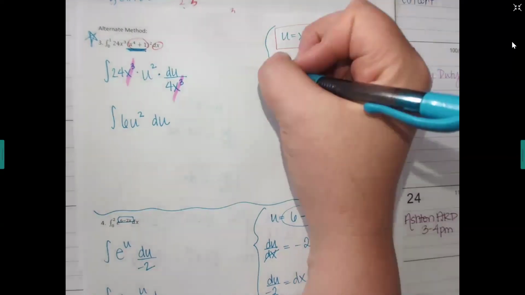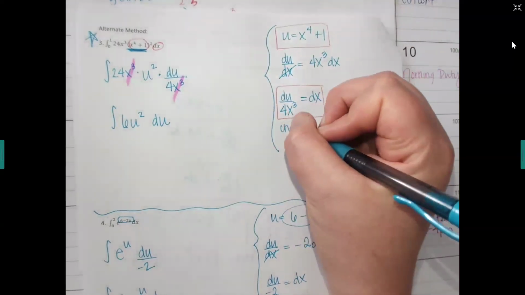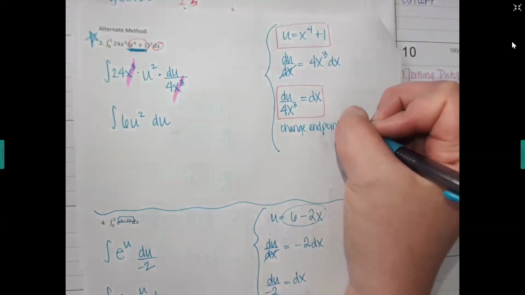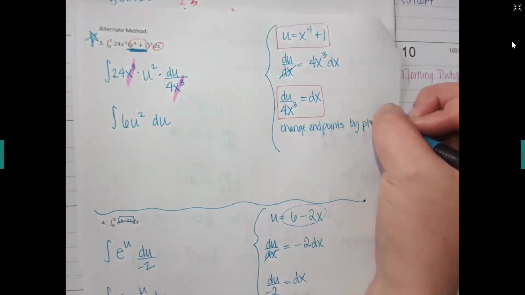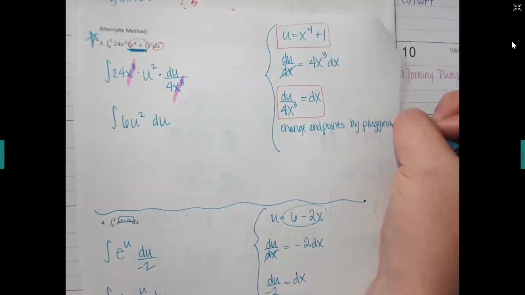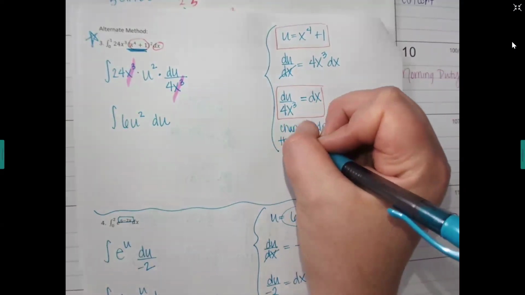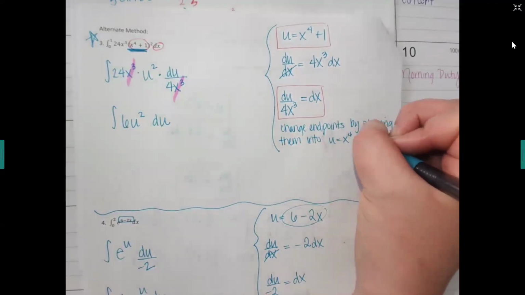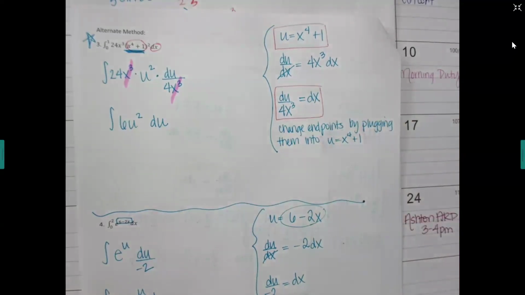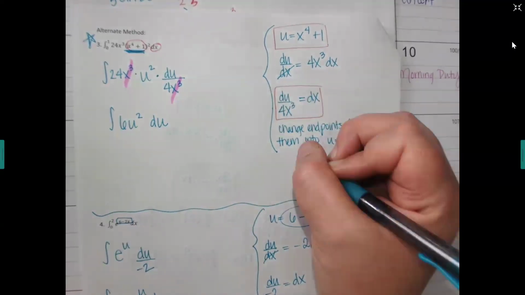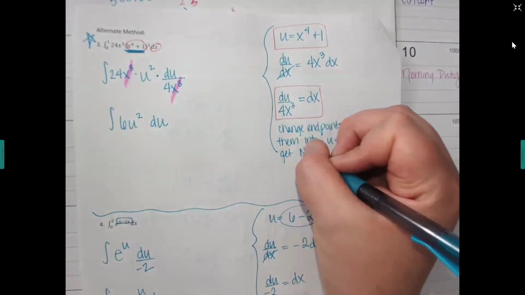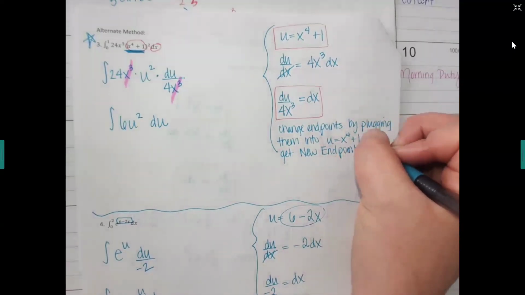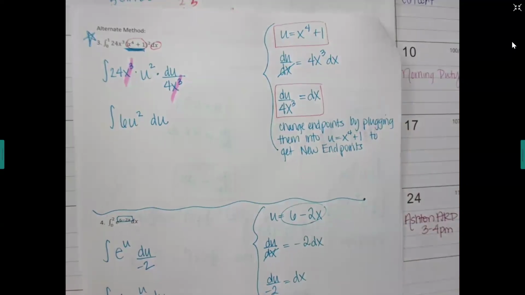Then what you're going to do is change your endpoints by plugging them into the u equals x to the 4 plus 1. And that's going to give you new endpoints that you can use on your integral so that you never have to go back to x.